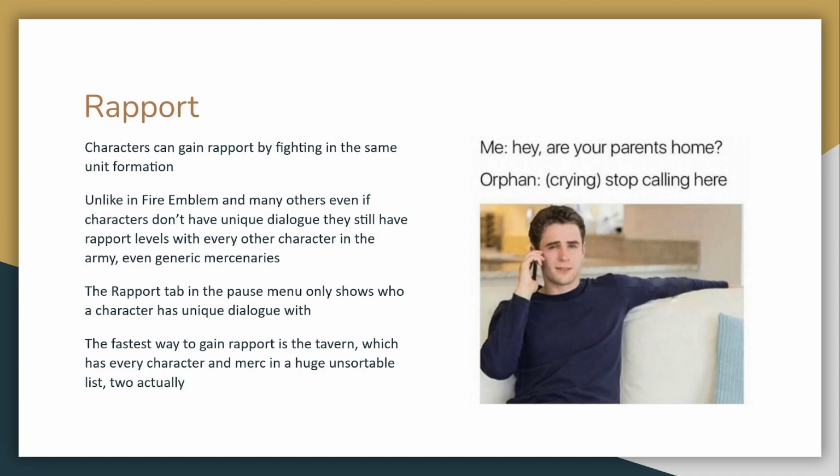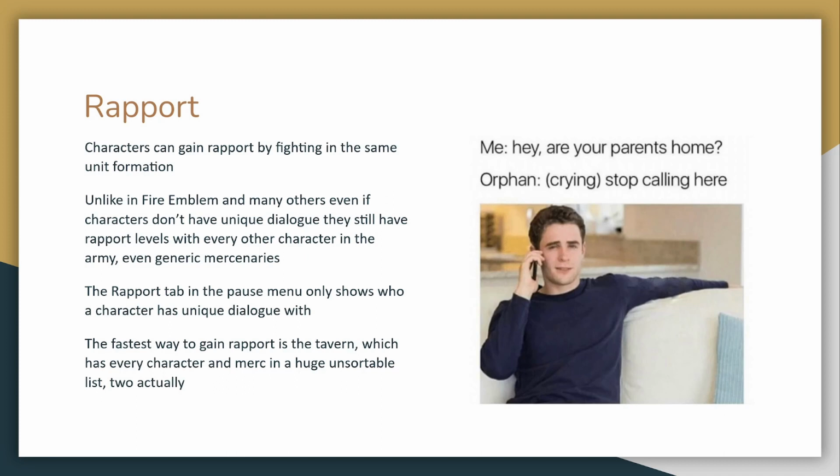They really want to see those unique dialogues, even if they're like 6 lines and they're not that fun to watch. You want to get that check mark. The problem is that the fastest way to gain rapport for a unit is in the tavern, which has every single character and mercenary in a huge unsortable list that uses acquired sorting. 2 lists, actually.